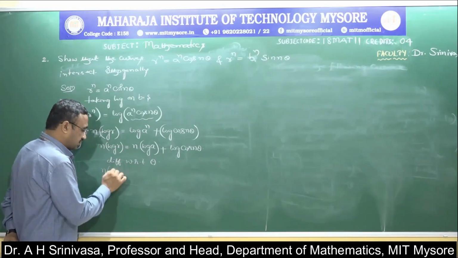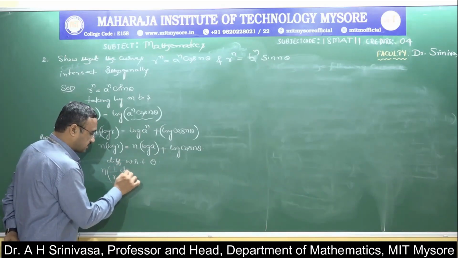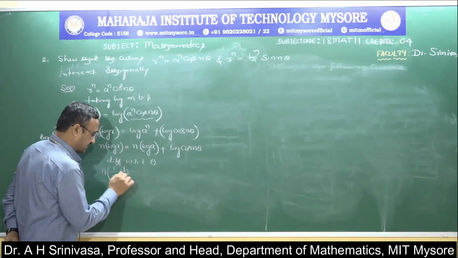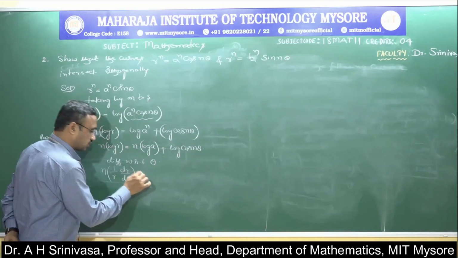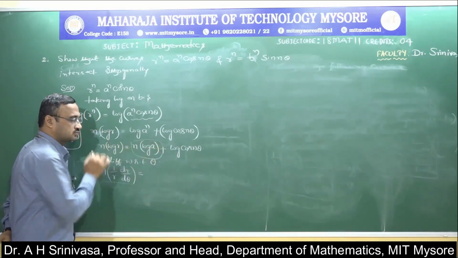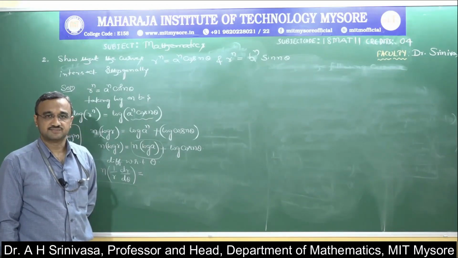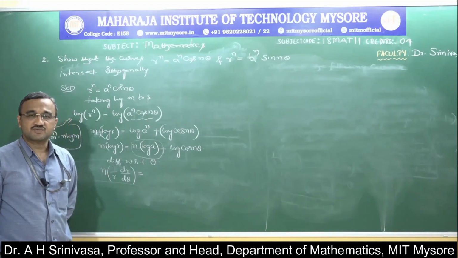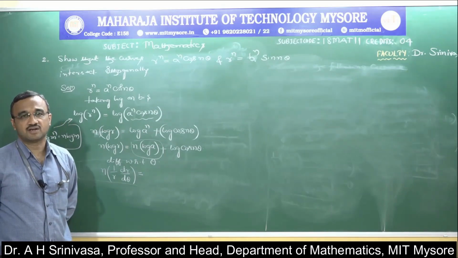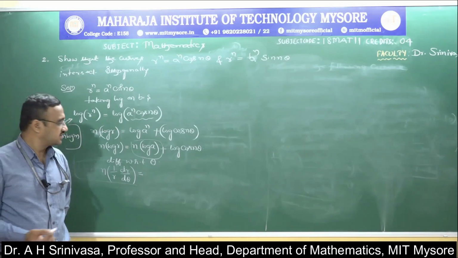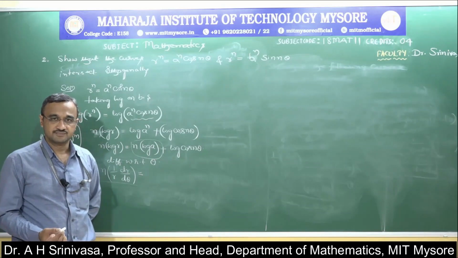What's the differentiation of log r? This is 1 by r dr by d theta, should be equal to, n is constant, log a is also constant. Differentiation of a constant function becomes 0, if we differentiate with any variable.